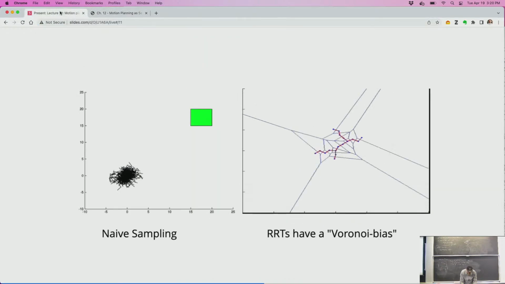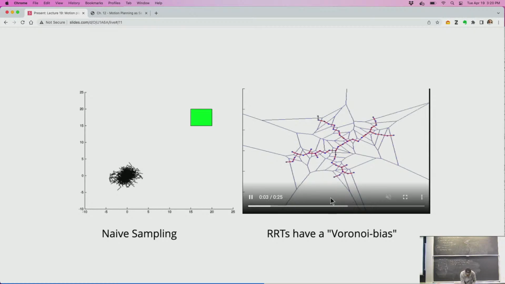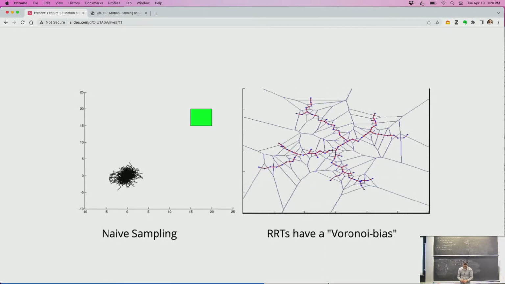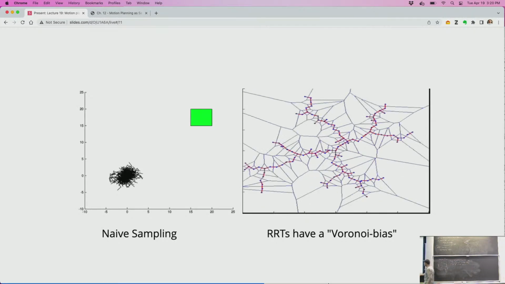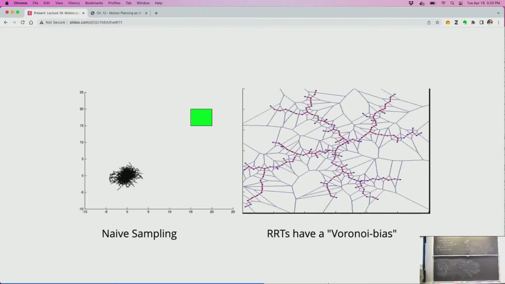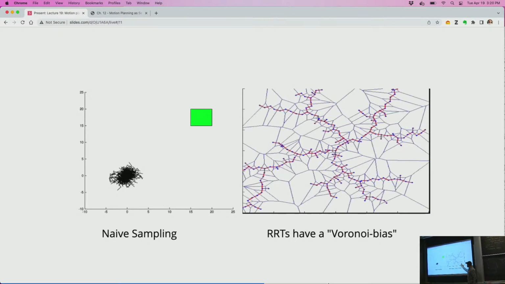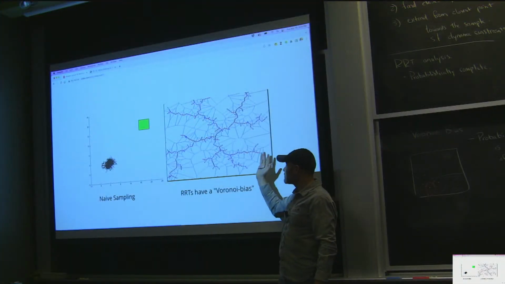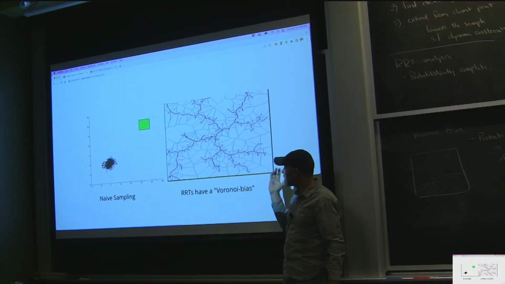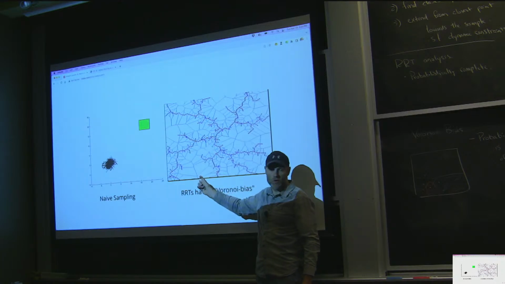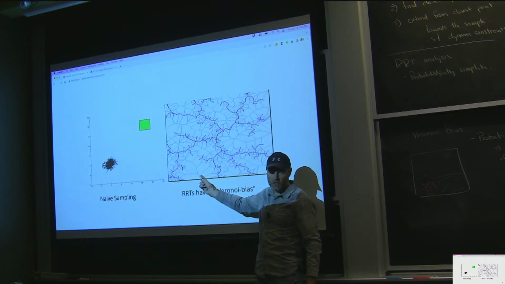So here's the Voronoi regions being drawn as it expands. Okay, so you can imagine that as it grows at the fringe, these places have large volumes. If I just sample uniformly over the grid, then the probability of sampling, of course, is proportional to the volume of the associated Voronoi region.